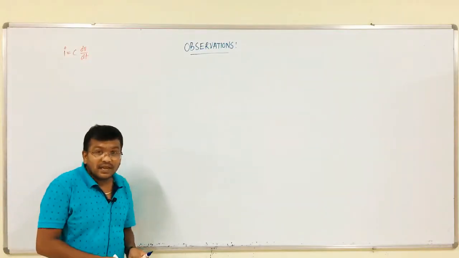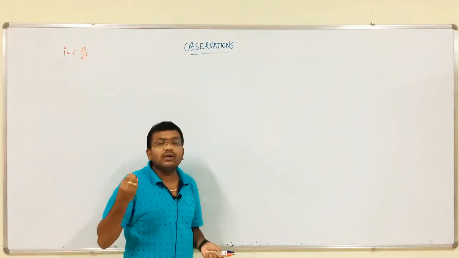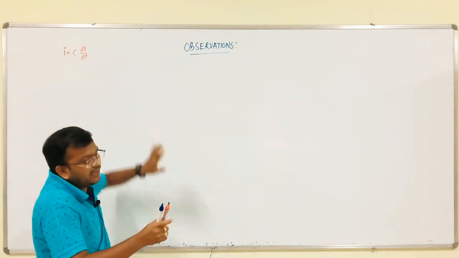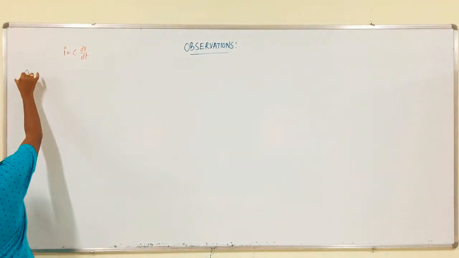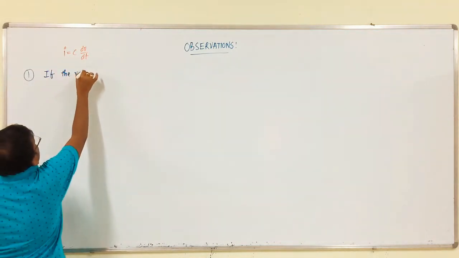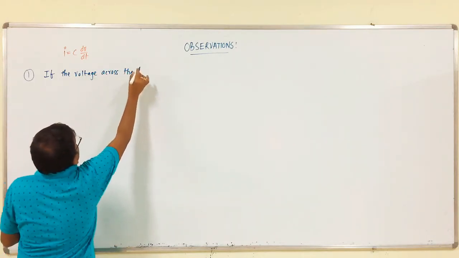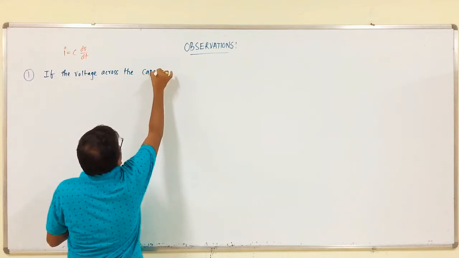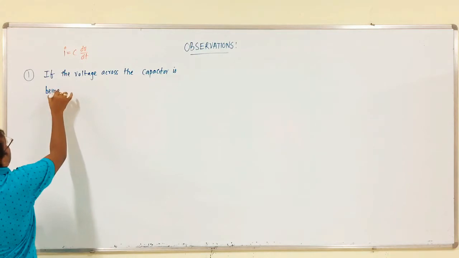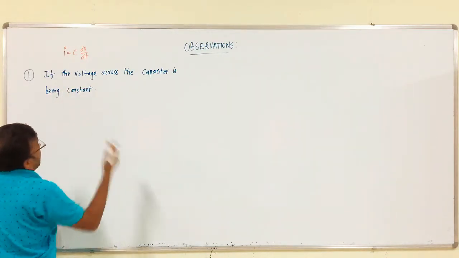Now, we have to discuss the important observations. Same as in the case of inductance, we have to deal with these observations. We all know that I is equal to C dV by dt. The first observation is what? If the voltage across the capacitor is constant, what will happen?